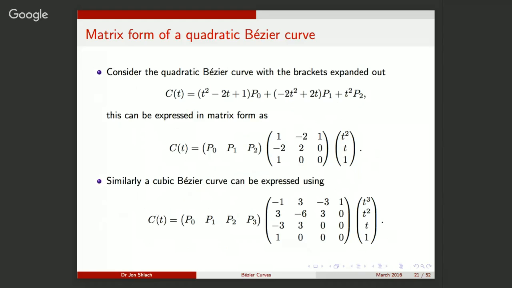P1 is multiplied by minus 2t squared plus 2t. And finally, we've got t squared times p2. So this square matrix here is our M. That's the same for every quadratic Bezier curve.